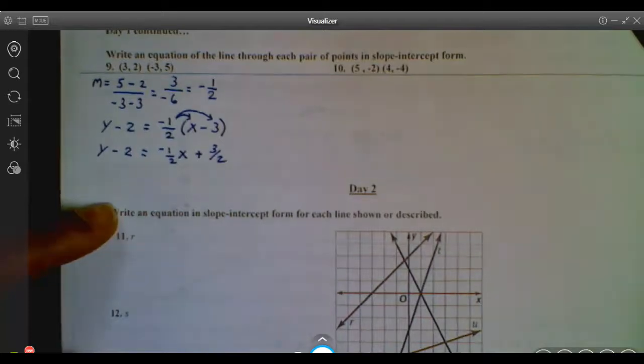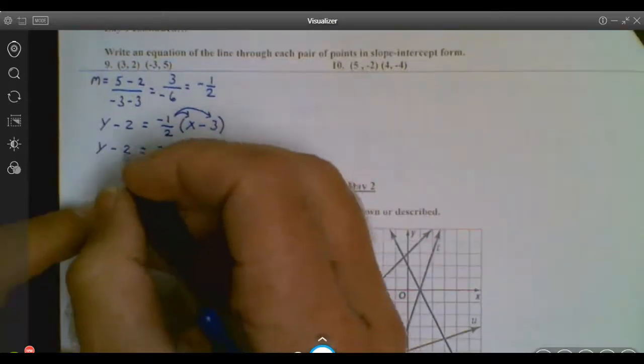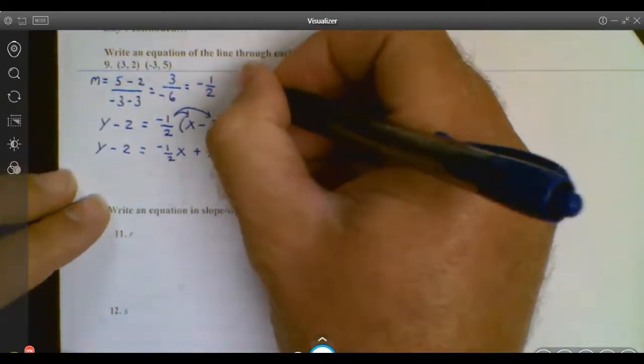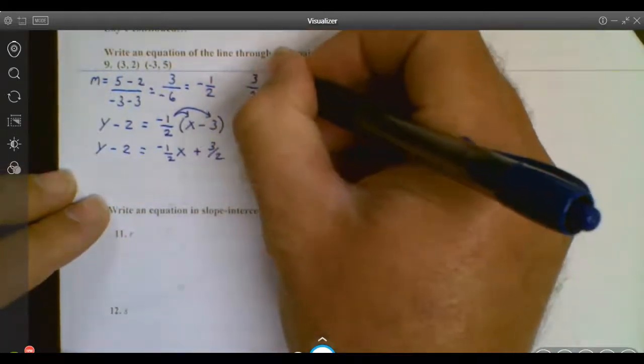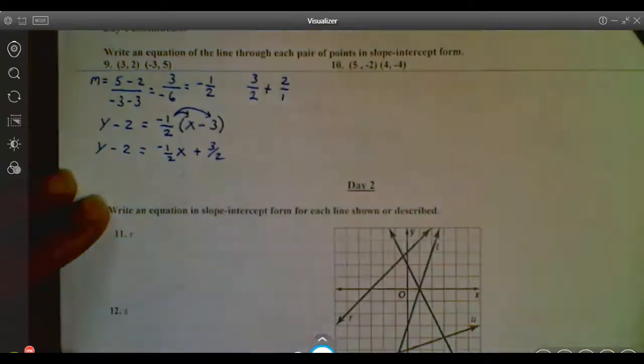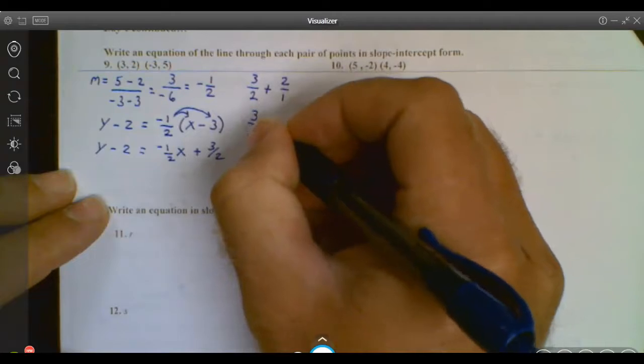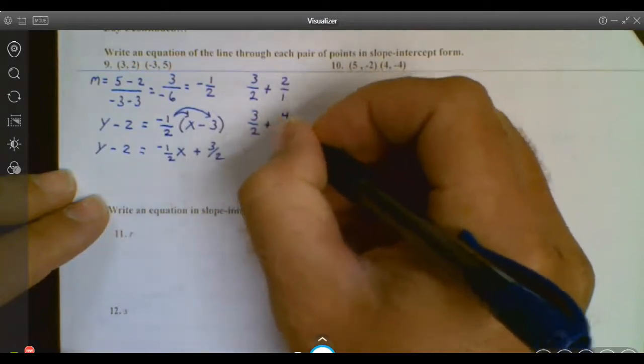Let me do it that way first, and then I'm going to show you something else that you could do if you want. I'm going to add 2. So how do I do 3 over 2 plus 2? Right, well, I would need common denominators in order to add those together, right? So I'm going to say 3 over 2 plus 4 over 2, right?